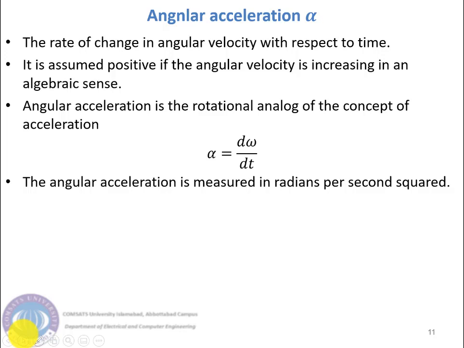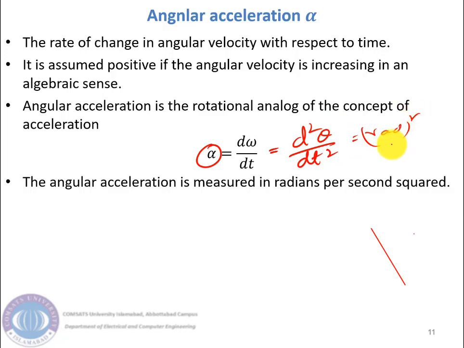It is defined in this book as alpha, which is d omega by dt, which is obviously d square theta by dt square, as we have seen earlier. Angular acceleration is measured in radians per second square.